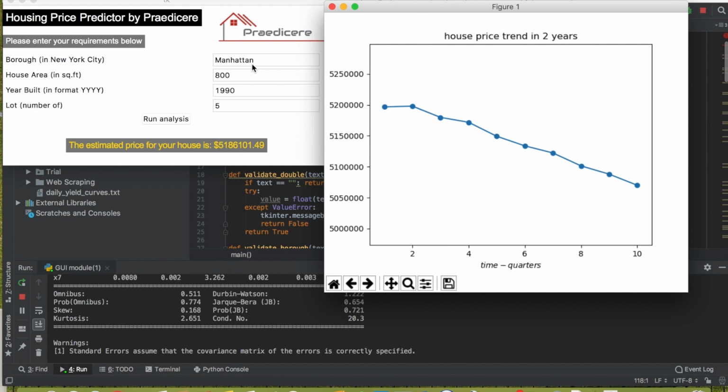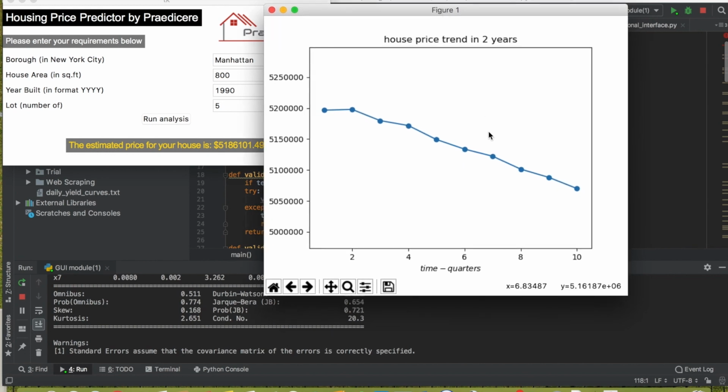Our estimated price for this house is $518 million.